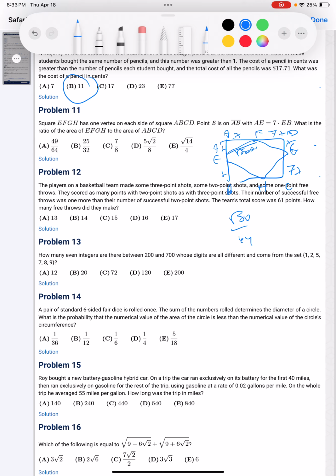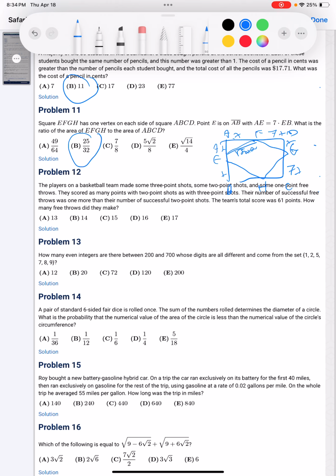And so, what does that simplify out to? Am I doing this right? Sorry, 50 over 64, because we're going to square it. So it should be 25 over 32 if we simplify it. It should be B. Okay.